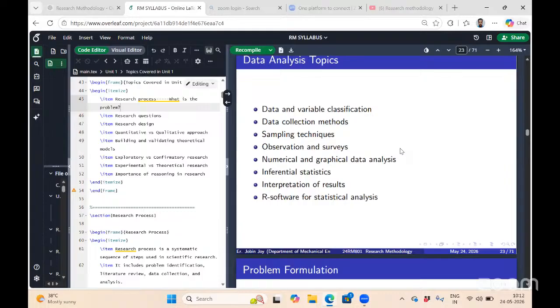Or you can think about an office having different departments. We will be selecting different employees from different departments. Then urban and rural population, separating the urban population and rural population, then conducting the survey. Again, this is an example of stratified sampling.